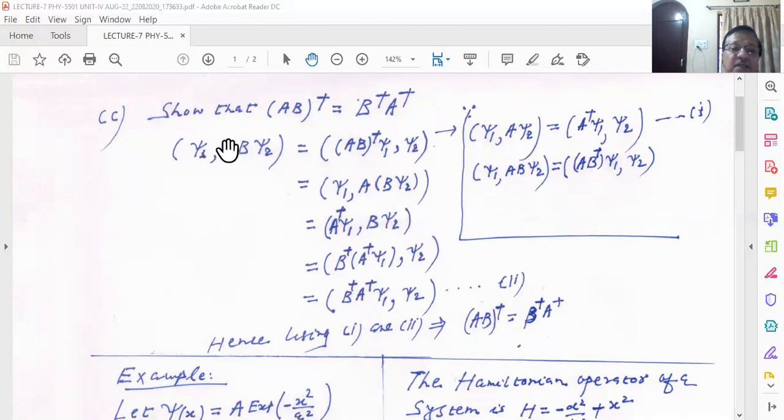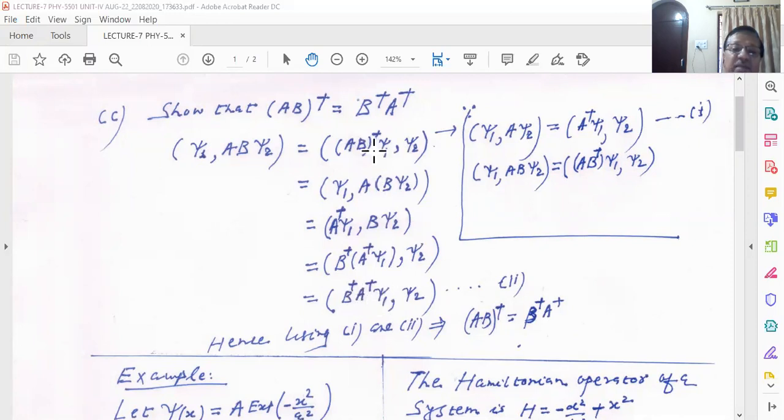Look at the term here. One can now prove that AB dagger psi1, psi2 turns out to be B dagger A dagger psi1, psi2. Look at this equation. The first term of the scalar product is AB dagger here, and both scalar products are the same. And the first term here is B dagger A dagger.